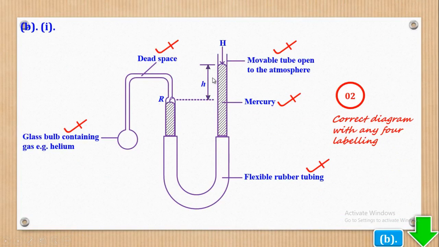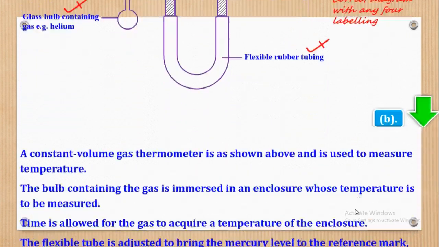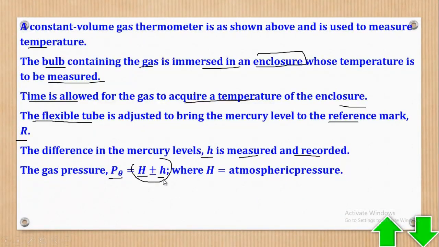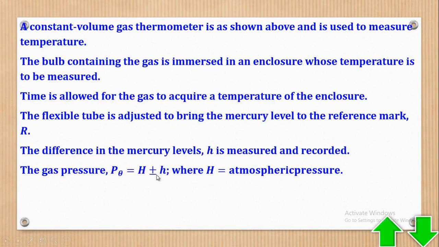In this case it is above, so it will be plus, but if it is below it will be minus. That explains why we put plus or minus, to cater for both cases. So that is P theta.